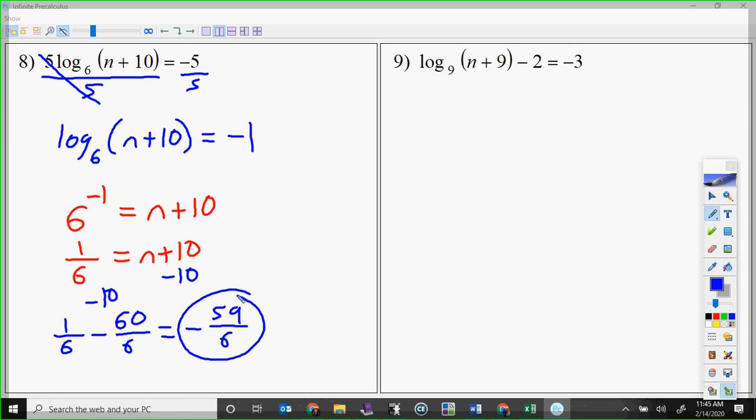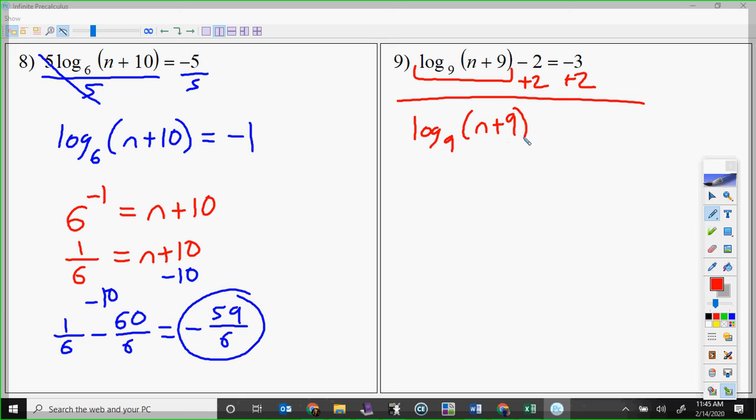Alright, go ahead and try number 9. Alright, so the log here, I need to get rid of that minus 2, so we're going to add 2 to both sides. I get log base 9 of n plus 9 equals negative 1.